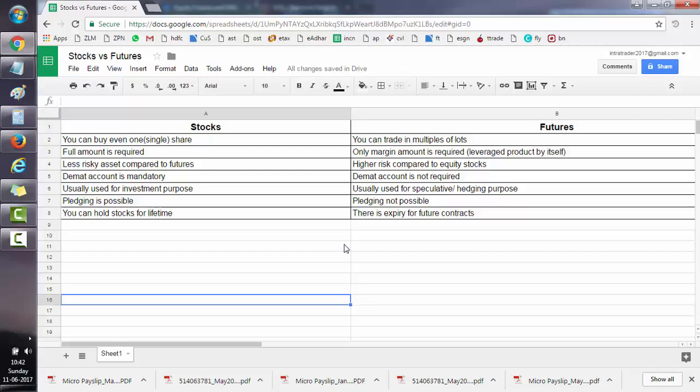Just like how you keep your property as security and get a loan, or you keep gold as security and get a gold loan, similarly you can pledge your equity stocks and get a margin amount, using which you can buy futures and options contracts. Whereas futures contracts or any option contracts, you cannot use for getting a margin amount by pledging.